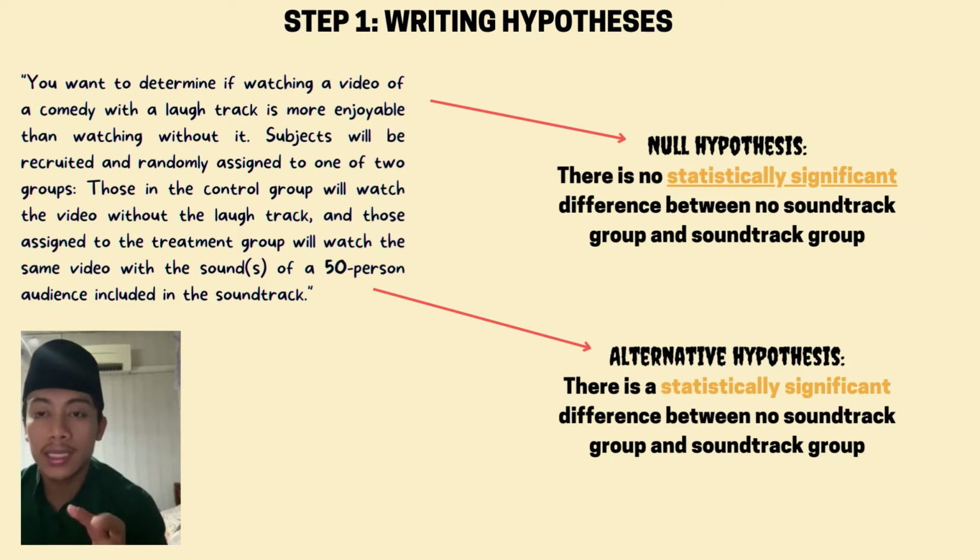Here the key is we need to write statistically significant difference. Then for the alternative hypothesis, there is a statistically significant difference between the no soundtrack group and the soundtrack group. Here the keyword is statistically significant. That's all for step 1.